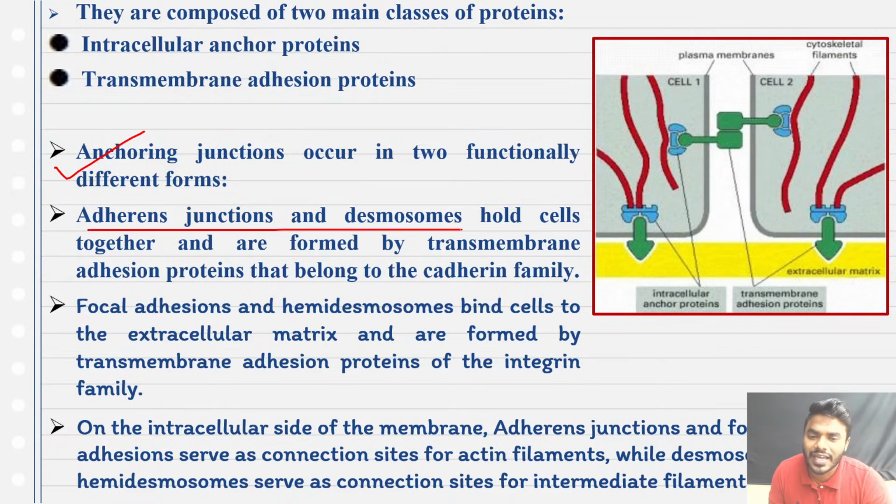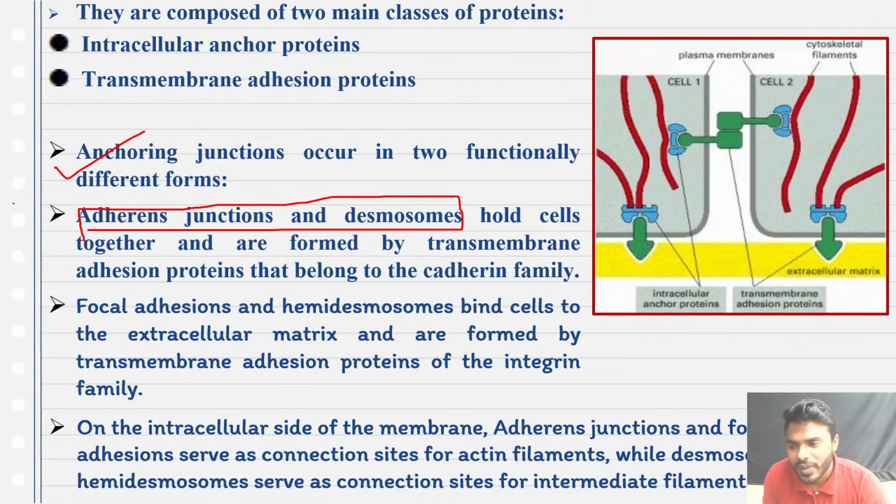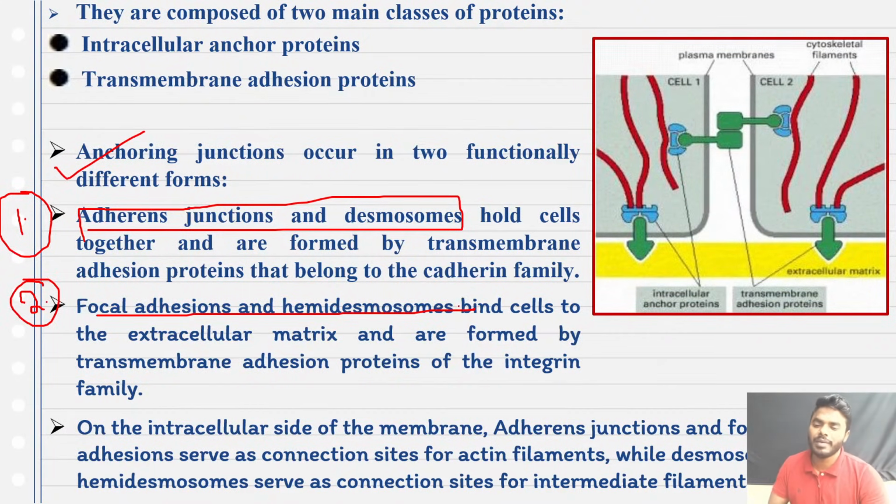The first type is the adherens junction and desmosome. Do not confuse and do not forget. The next type is focal adhesion and hemidesmosome. These are the second type of anchoring junction. And I will tell you in simple points.